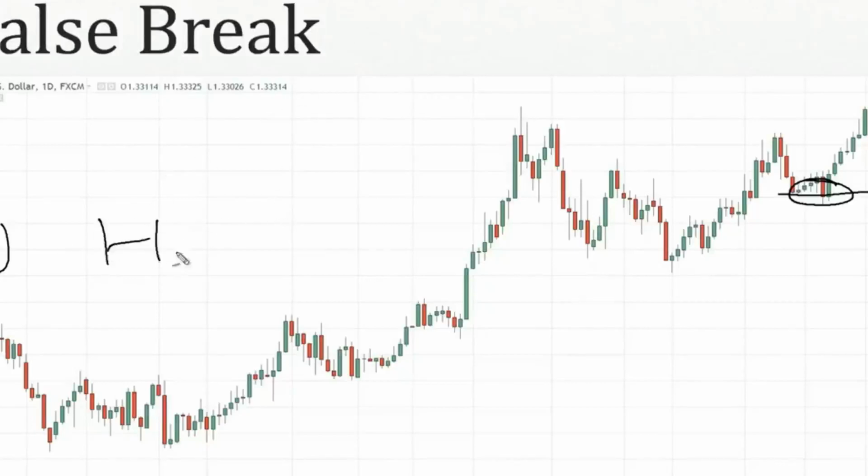So if you're short over here, you can trail your stop loss right on the previous candle high. So if the market, let's say for example at this point, the previous candle high is this candle over here. If the market breaks and closes above this previous candle high, you'll exit the trade.